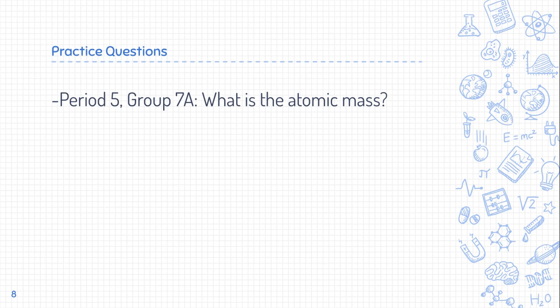Then to find group 7A, you move over to the second to last column, which starts with fluorine, and go down from there. Where they match, you should be on iodine. Then read the atomic mass, which is the number below the element. So your answer for this should be 126.9 AMU.